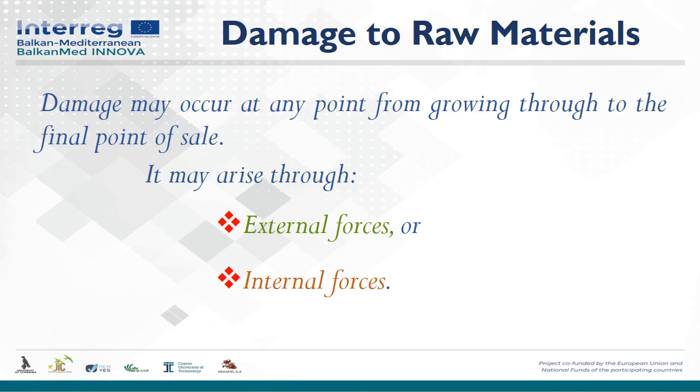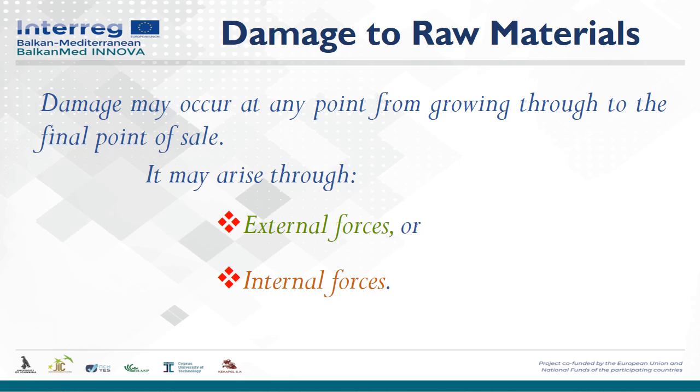Damage to the raw material can occur at all the stages of their growth. The factors that affect the damage of raw materials are many, but we divide them into two main groups: external forces and internal forces.